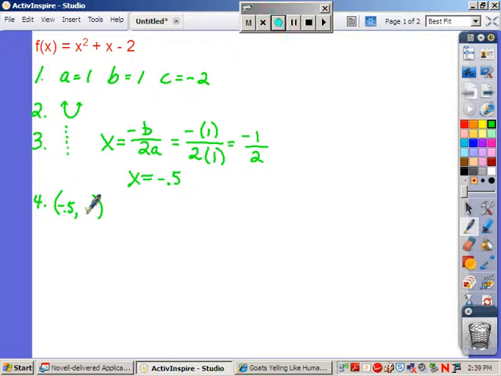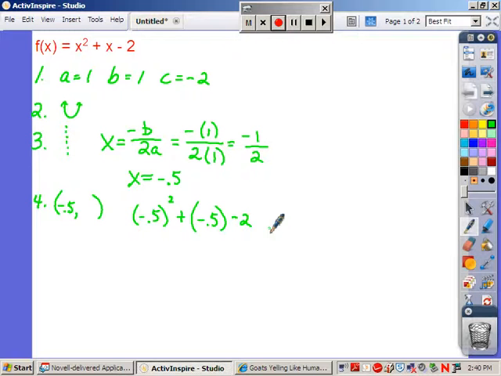So to get y, we're just going to take our answer for x and substitute it into this function and see what we get as an answer. So again, in parentheses, I'm going to put -0.5 and then squared plus, again in parentheses, -0.5 and then -2.